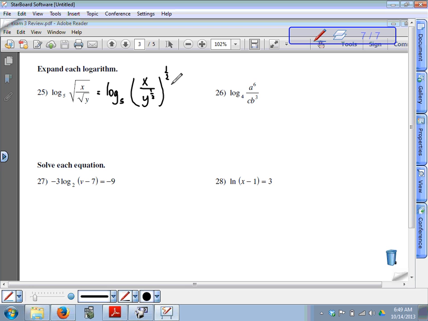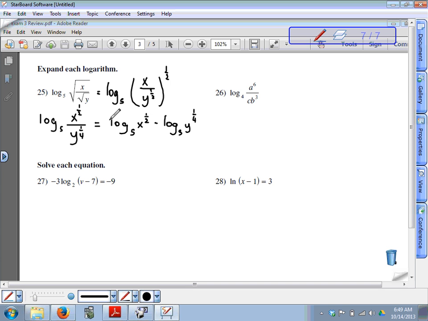Simplifying this, it's log base 5 of x to the 1/2 over y to the 1/4. Now we're taking the logarithm of a quotient, so when we expand that, we're going to use subtraction. So this equals log base 5 of x to the 1/2 minus log base 5 of y to the 1/4.